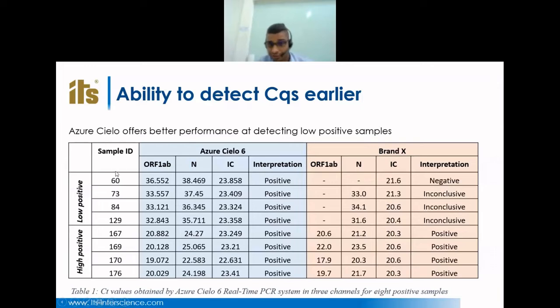If you look at the first row, sample number 60, this was a negative sample in the competitor brand, but the Azure Cielo managed to detect it as positive. It is actually a very low positive sample. The Cqs are 36 and 38. This is something that we would like to avoid in the qPCR machine, because in a competitor's brand, this is essentially a false negative result.